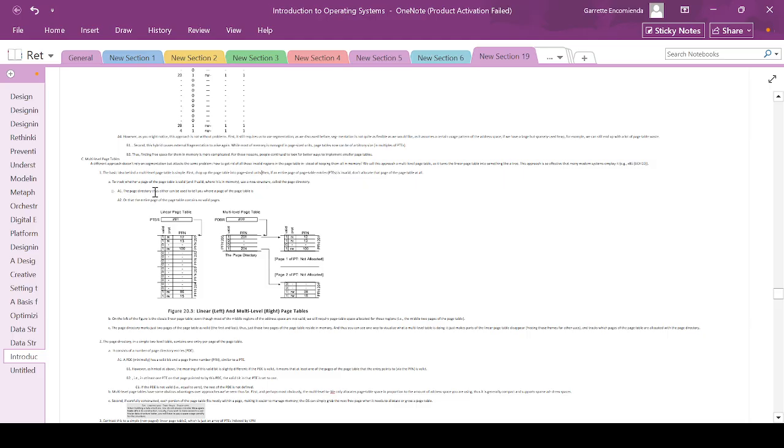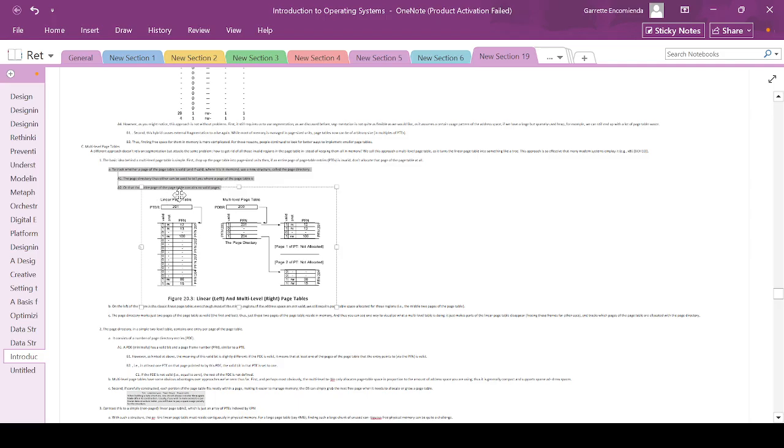To track whether a page of the page table is valid, and if valid, where it is in memory, use a new structure called the page directory. So to track this validity, we will create a new tree structure, which is called the page directory.